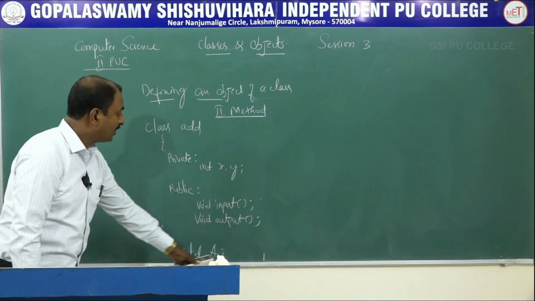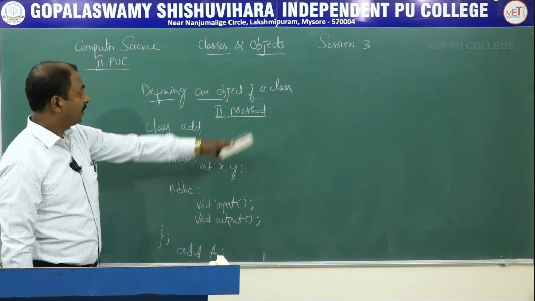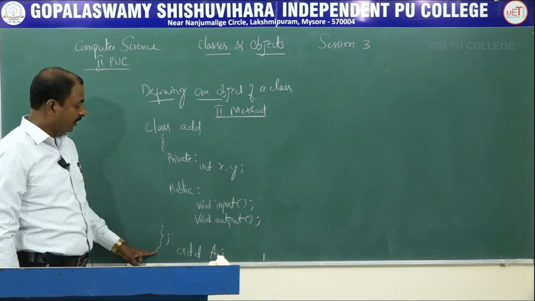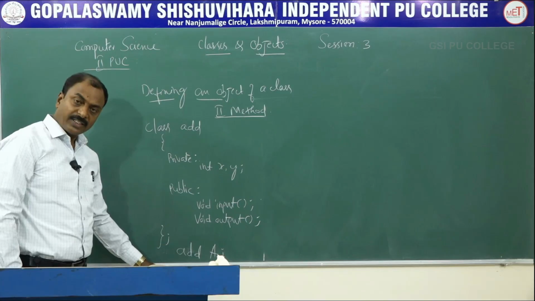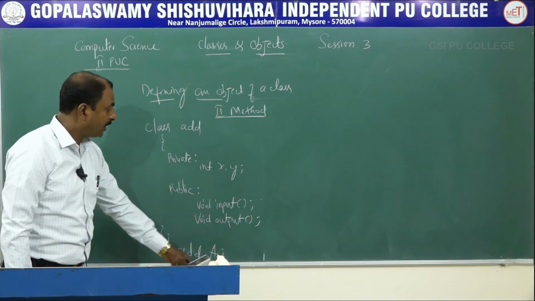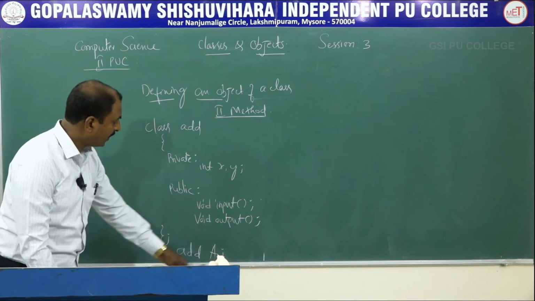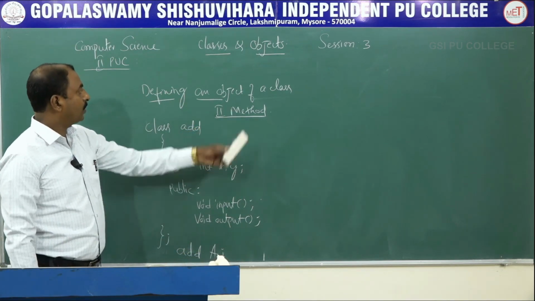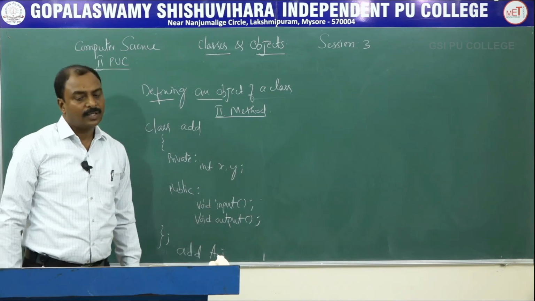So this is another method of defining an object of a class. Immediately after this comes the semicolon, and in the next line we write the name of the class as well as the user defined variable name. This is the second method of defining an object of a class.